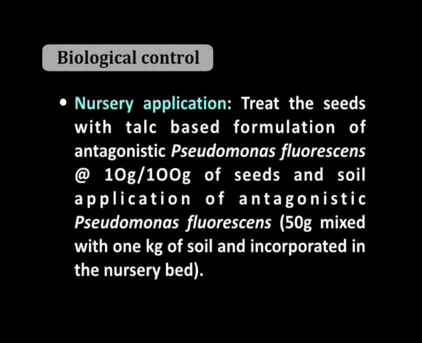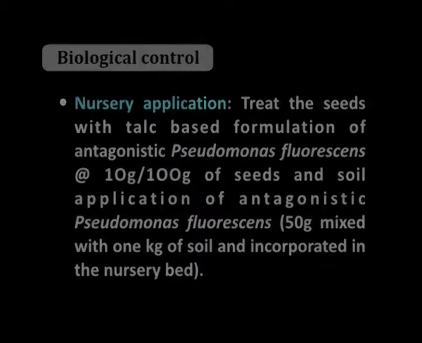Next is the biological control. Nursery application: treat the seeds with talc-based formulation of antagonistic Pseudomonas fluorescens at the rate of 10 gram per 100 gram of seeds, and soil application of antagonistic Pseudomonas fluorescens 50 gram mixed with 1 kg of soil and incorporated in the nursery bed.